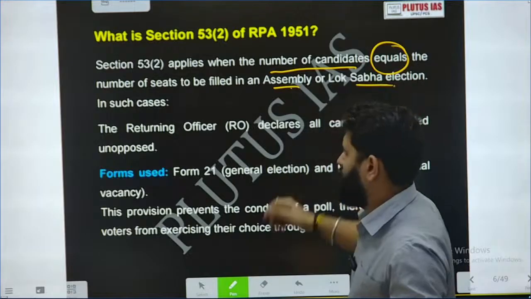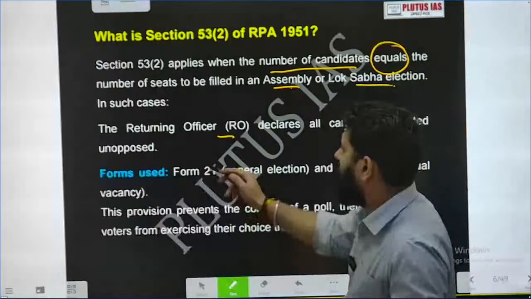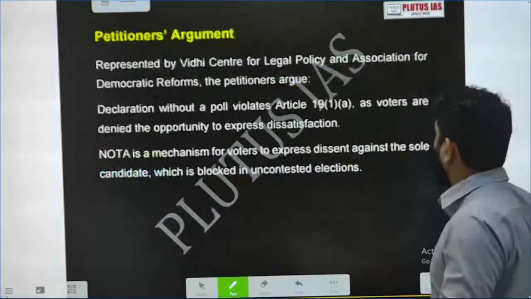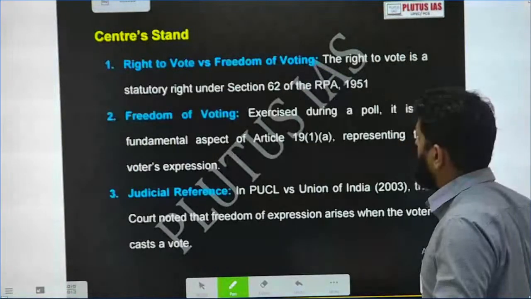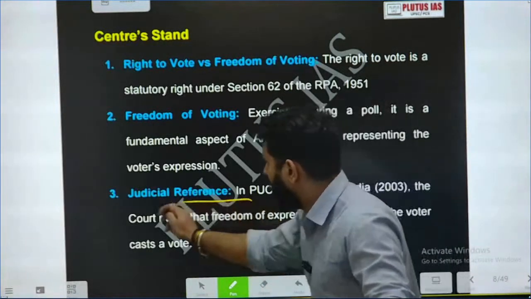The returning officer declares all candidates elected unopposed. Forms used: Form 21 for general election, Form 22 for vacancies. I already explained this whole scenario to you. So this is the petitioner's document. Right to vote versus freedom of voting, judicial references.